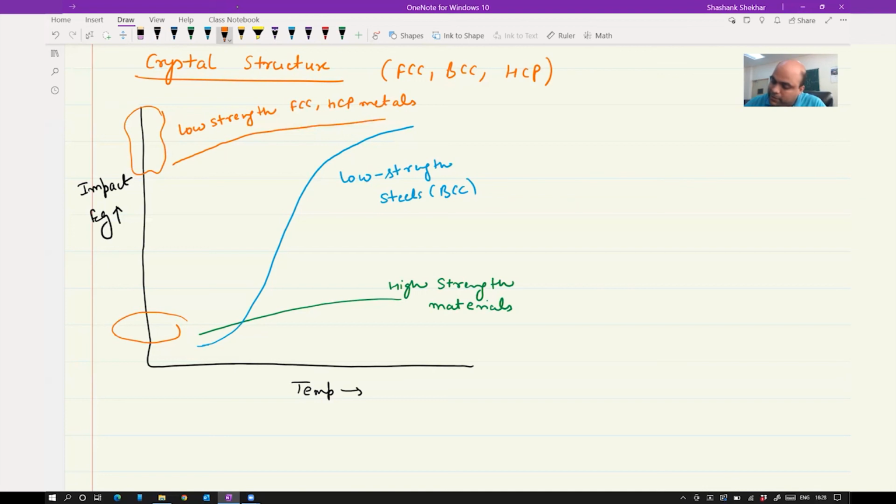Okay, so let me write very quickly. So low strength FCC metals such as aluminum, copper, okay, and most HCP metals, they do not experience transition temperature.